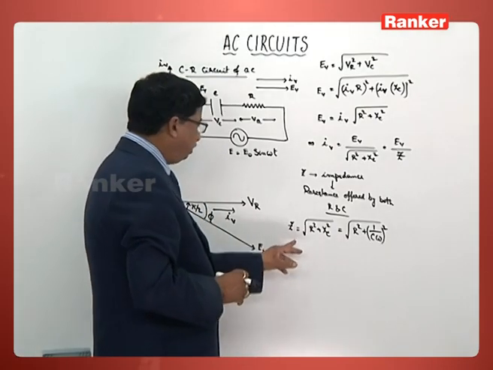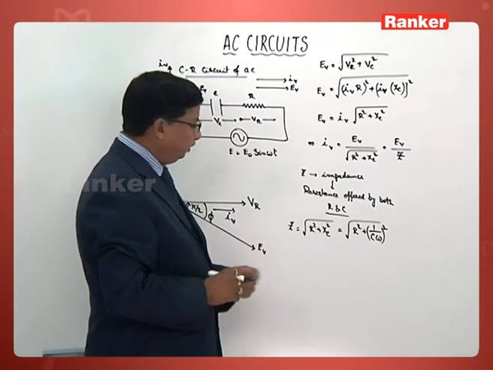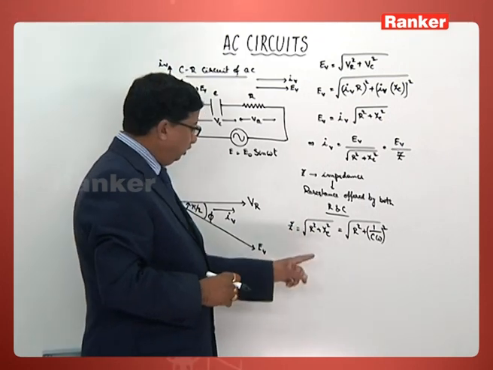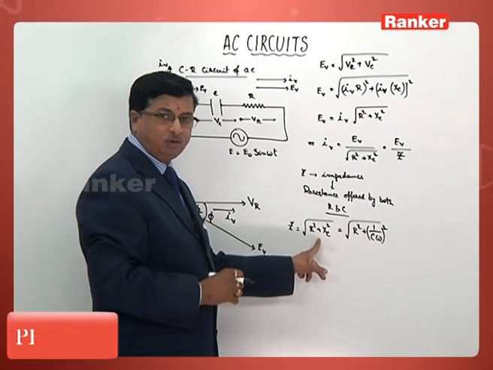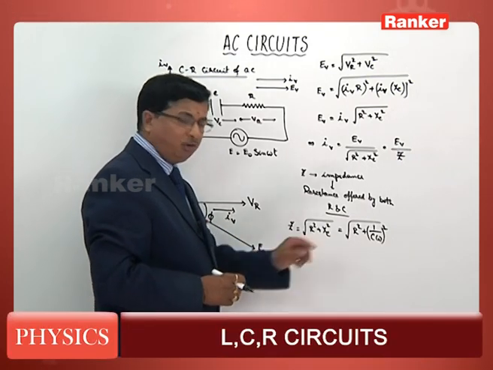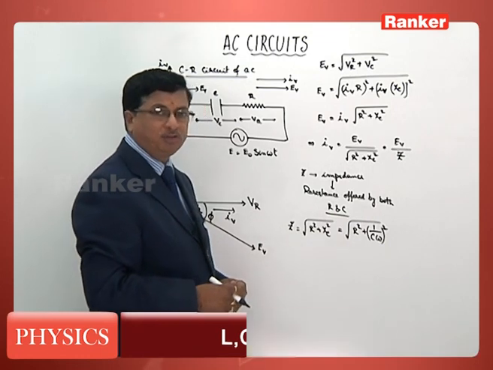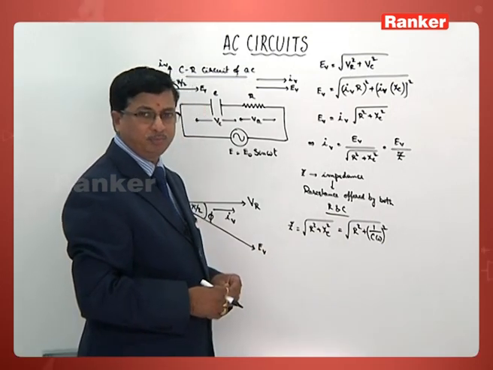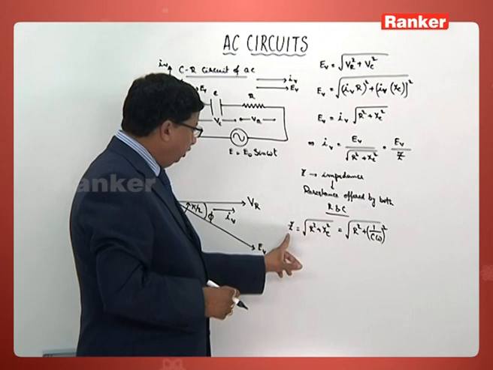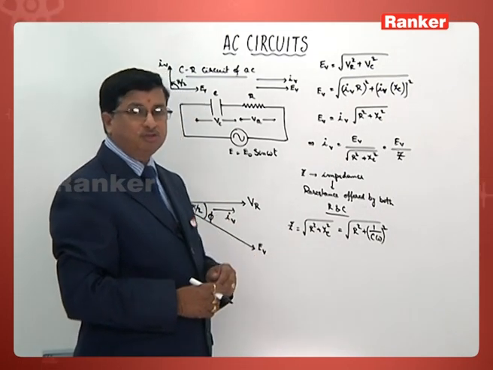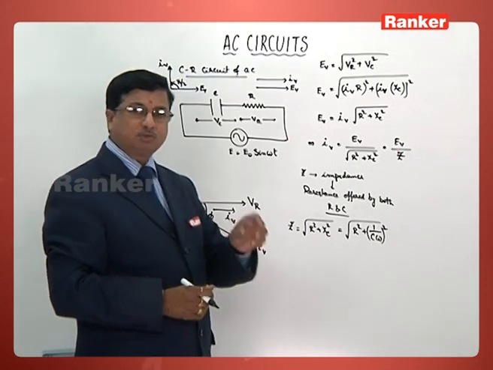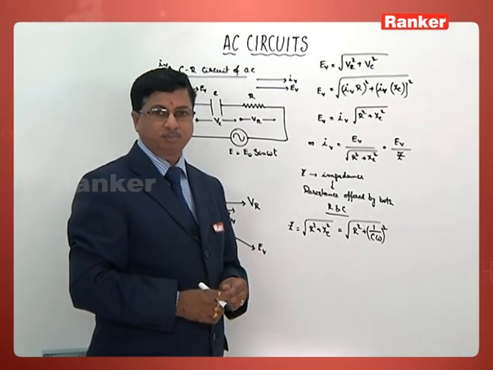So as far as impedance is concerned, in CR circuit, either you can write that as root over R square plus XC square, or root over R square plus 1 by C omega whole square. Now, this Z will have the same units and dimensions as resistance. Once again, you should understand that point.